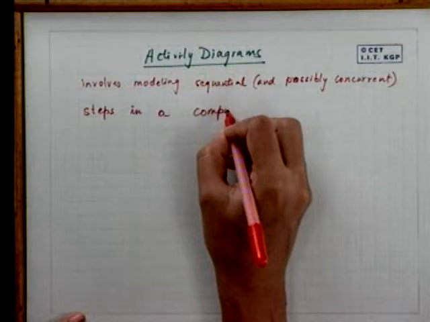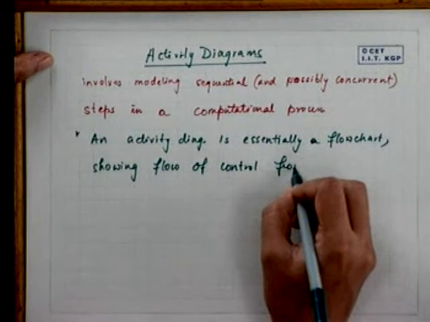The formal definition of an activity diagram is this: an activity diagram is essentially a flowchart showing the flow of control from activity to activity.